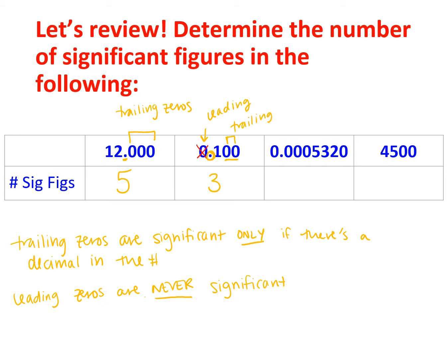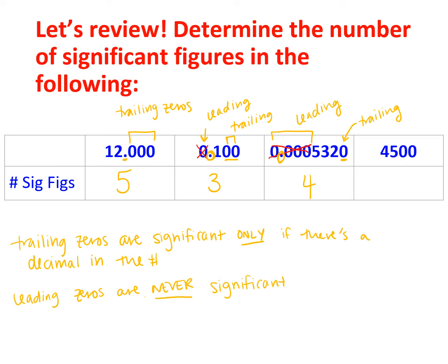Looking at the next problem, we see that we have another trailing zero and some leading zeros here. And just like in 0.100, we can go ahead and put an X through all of those leading zeros because they are never significant. Because we do have the decimal in this number here, this trailing zero will be significant, which leaves us with a total of 4 significant figures in that number.